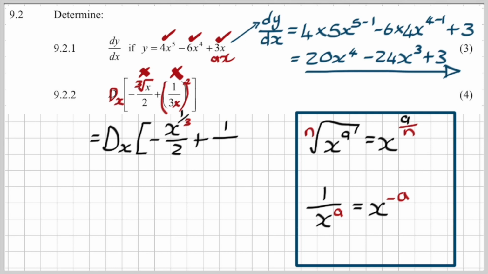So writing the cube root of x as being x to the power of 1 over 3, and then multiplying out the square at the back bracket gives me 9x squared, because it's 1 squared, 3 squared, x squared. Still, I cannot derive that.